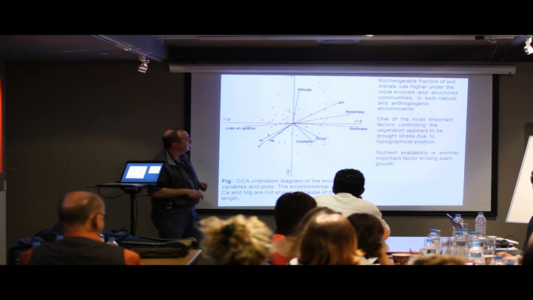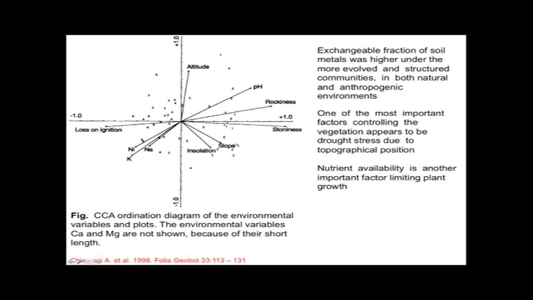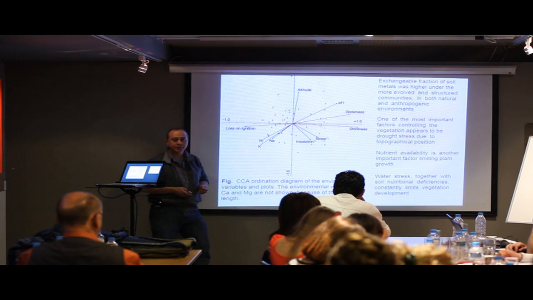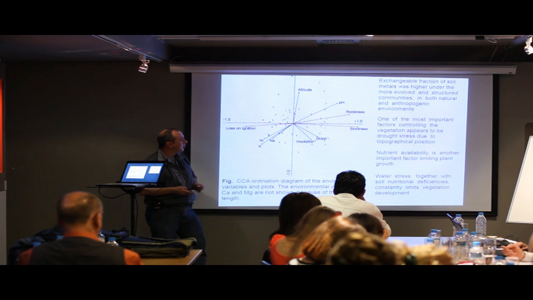So he found that the most important factors controlling vegetation appear to be drought stress due to topographic position, and not other factors such as nickel content, sodium, potassium, calcium, and magnesium. However, he found also that nutrient availability is another important factor. So he concluded that water stress, together with soil nutritional deficiency, are the factors limiting vegetation development in these soils, in all the areas of Tuscany in Italy.